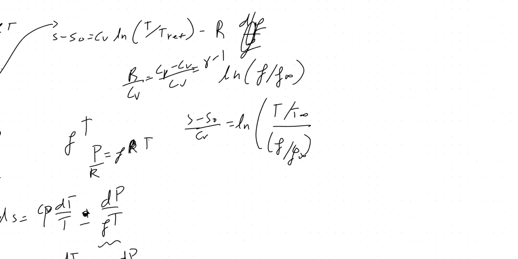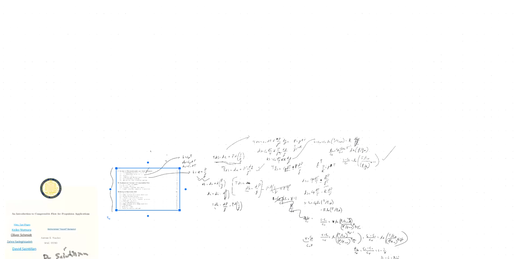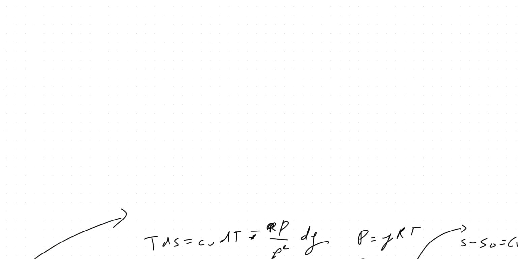The last version. There's one more version where we have to do something with the ideal gas law. Do I remember how to do this? Not really, but we'll have to figure it out. So I think it is P over rho equal RGT, ln P over rho equal ln of RG T. Now we see it's ln P minus ln rho equal ln RG plus ln T, which tells you a lot.